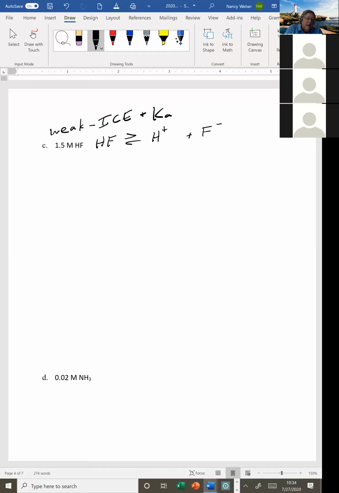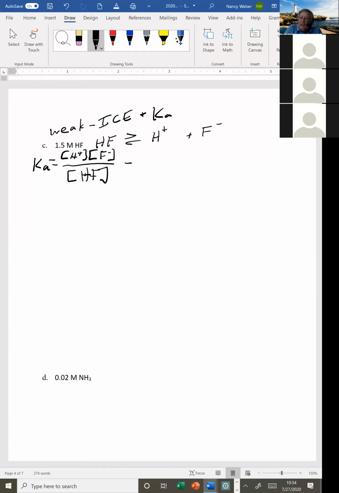So I'm going to look that up, and I'm also going to just write down Ka is going to equal hydrogen ion concentration times fluoride ion concentration over HF.